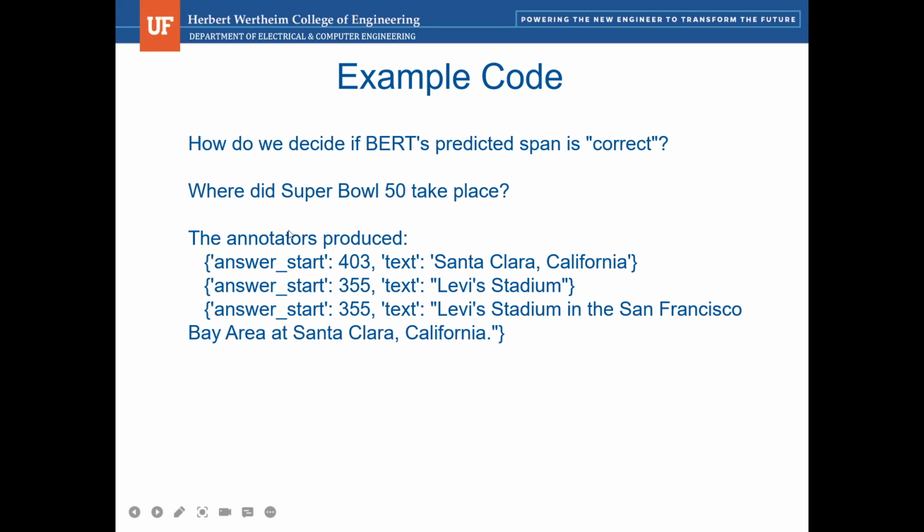The first one is Santa Clara, California, the second one is Levi's Stadium, and the third one is Levi's Stadium in the San Francisco Bay Area at Santa Clara, California. All these three answers are correct.